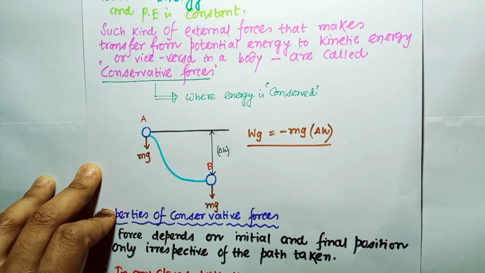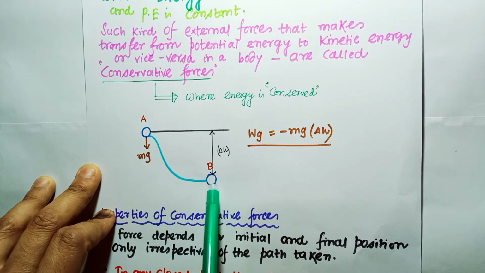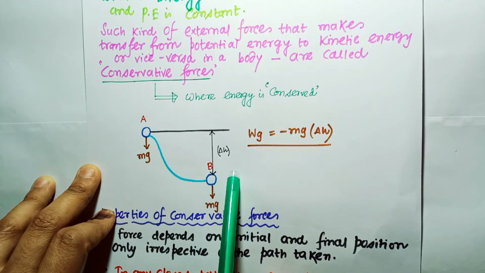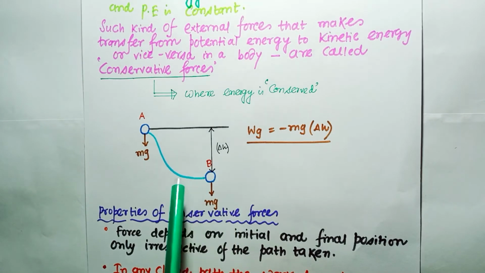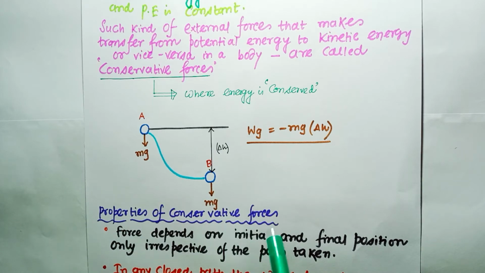Then the work done only depends on the vertical displacement of points A and B. So the work done depends on the initial and the final position, not on the path. The work done by the gravity is Wg.